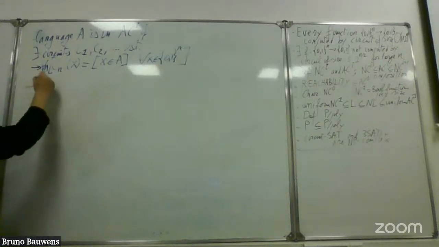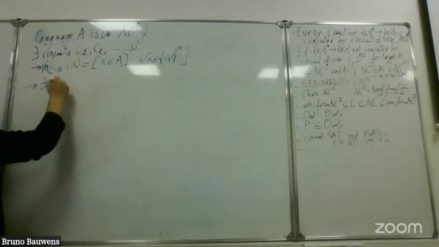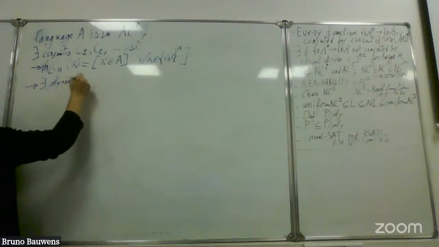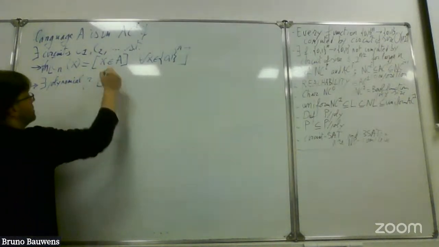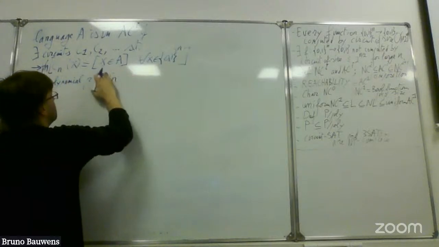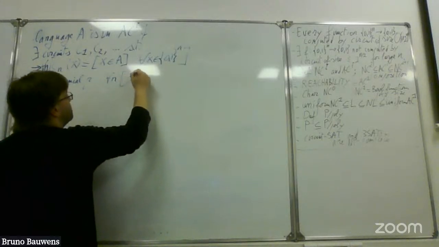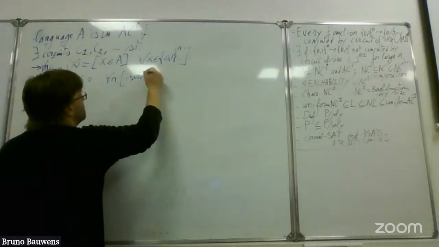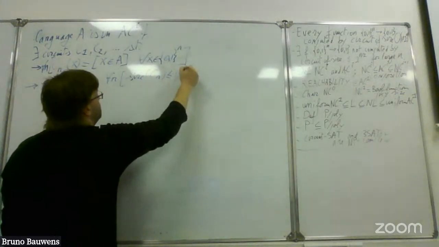So there exists a polynomial P such that for all n, the size of circuit Cn is at most P of n.